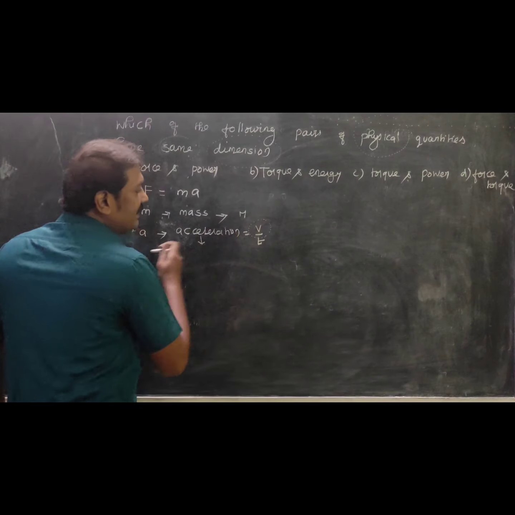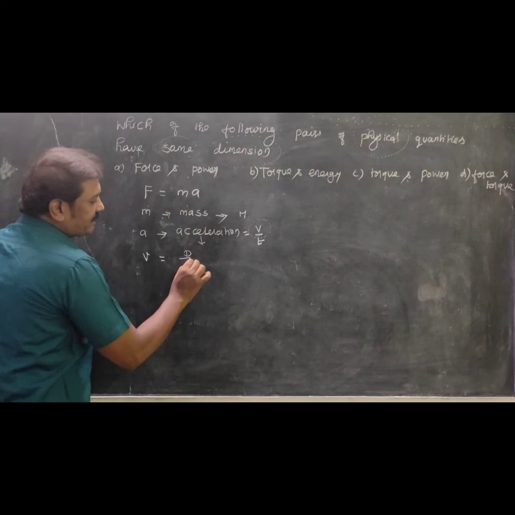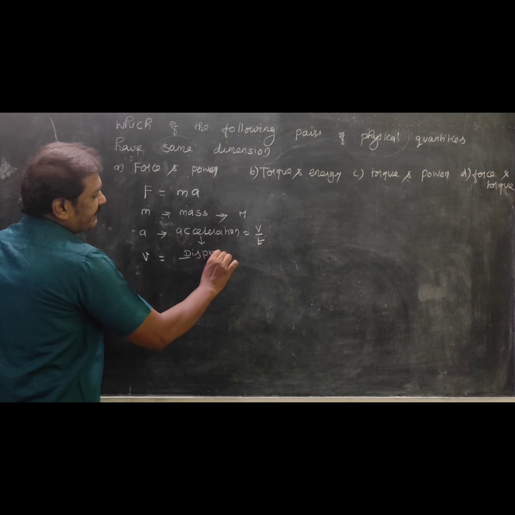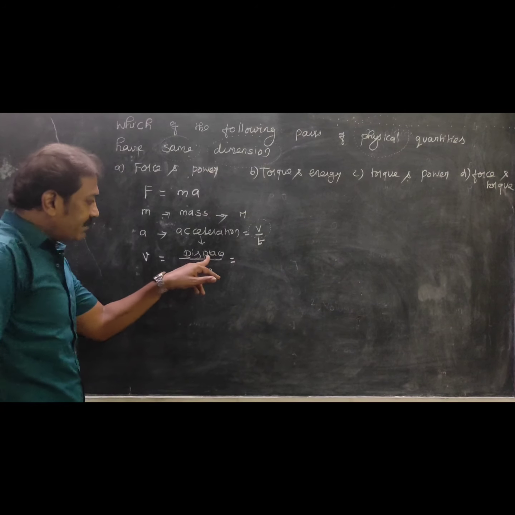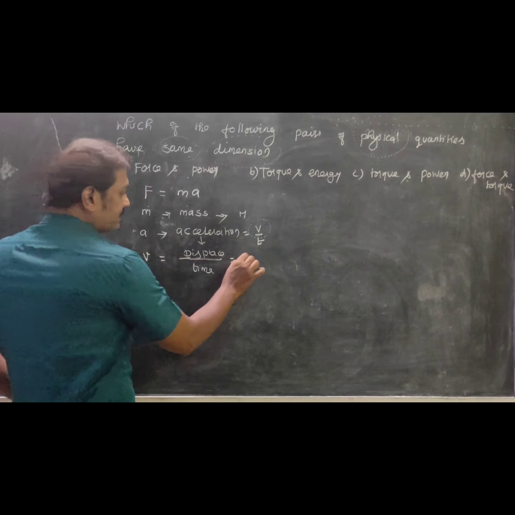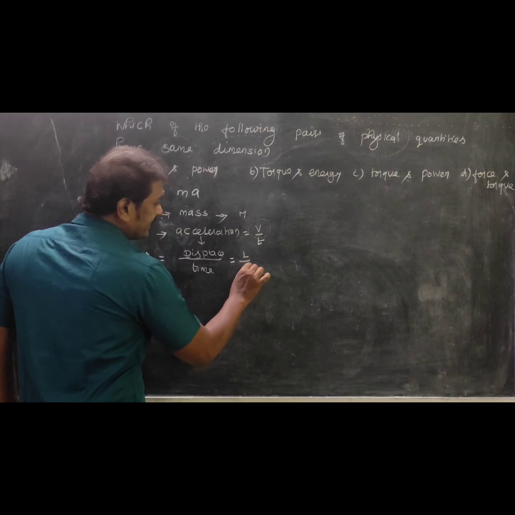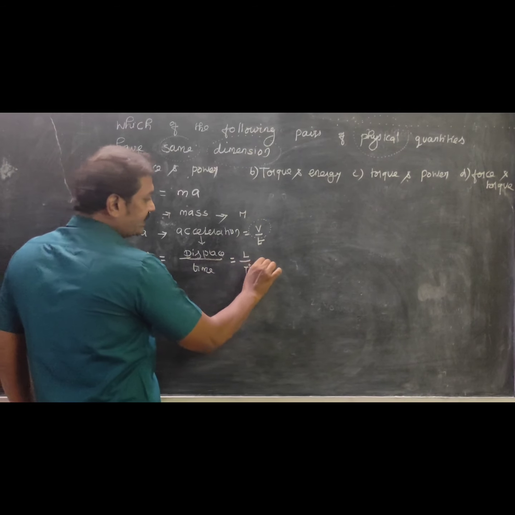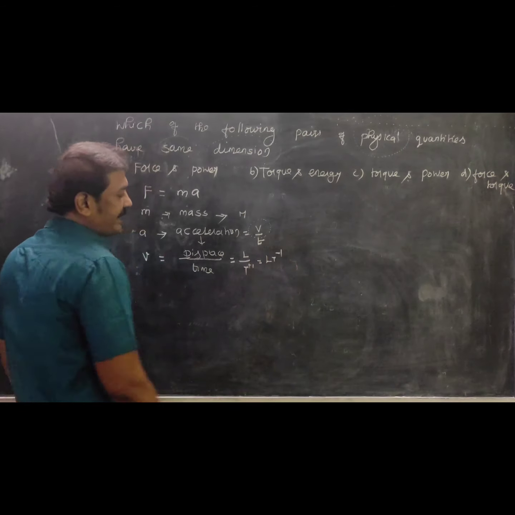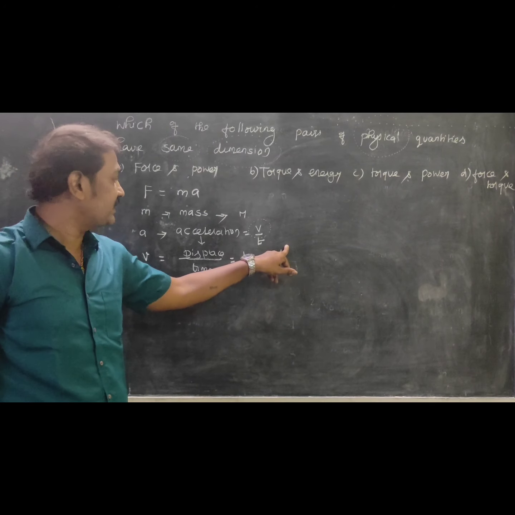So first we need velocity: velocity equals displacement by time. The dimensional formula for displacement is L, for time is T. The power plus 1 goes to the numerator as minus 1, so L T power minus 1 is the dimensional formula for velocity.